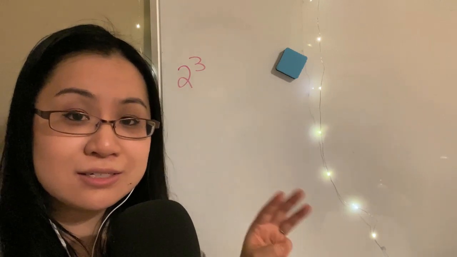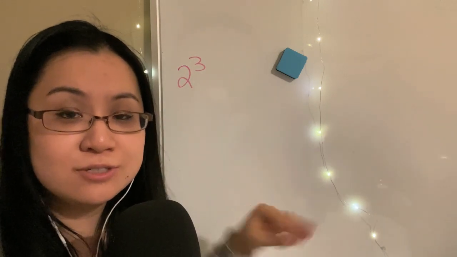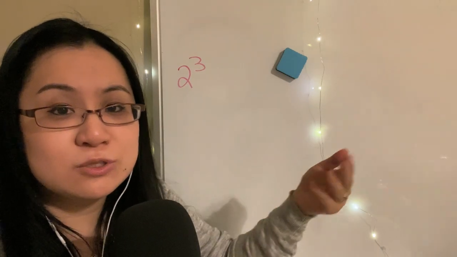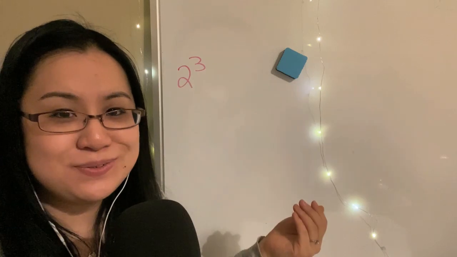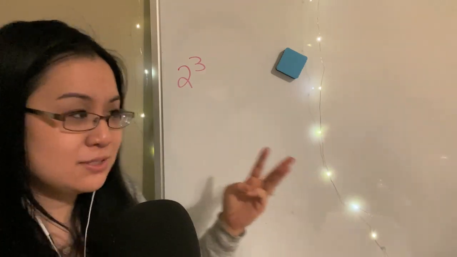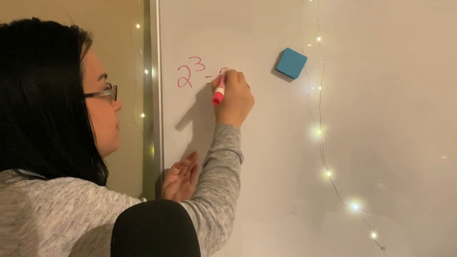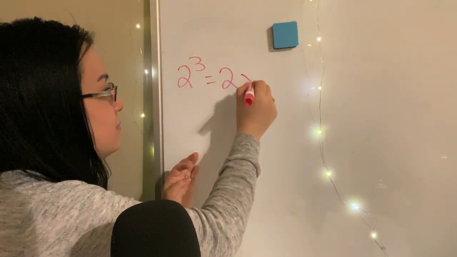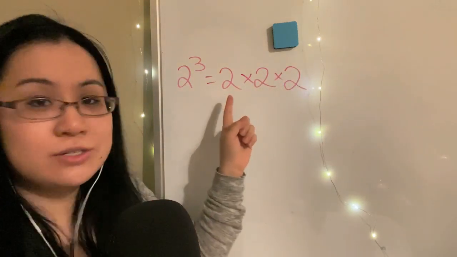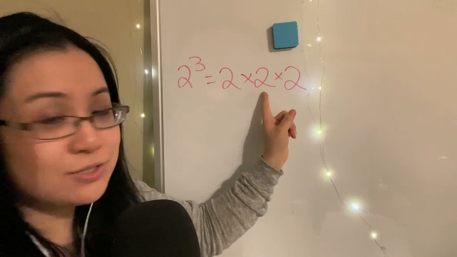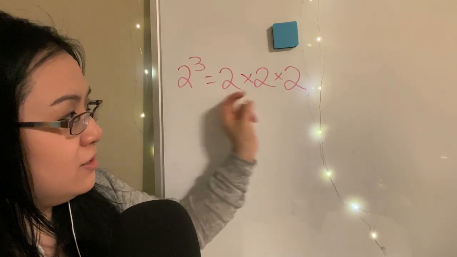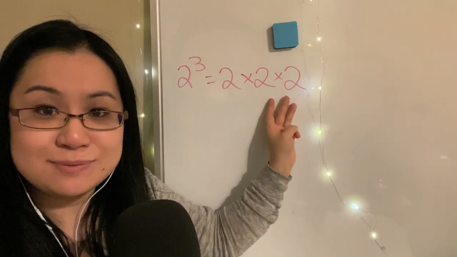Notice that that's not 2 times 3. It's not 2 times 3 times. It's 2 times itself 3 times. 2 times 2 times 2. 1, 2, 3 times.